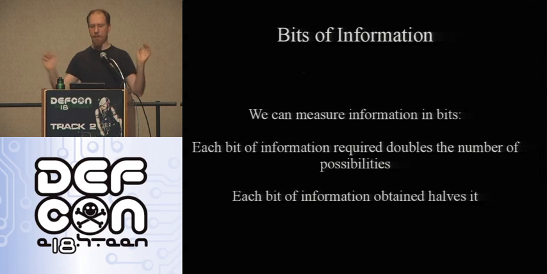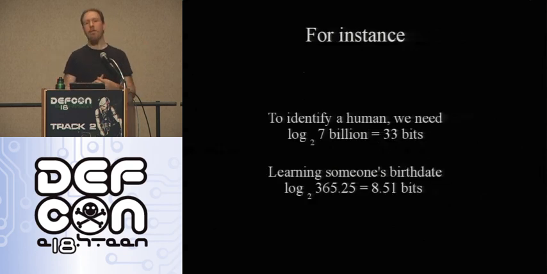So you can think of these as trading off against one another. So for instance, on the face of the planet Earth, with 7 billion of us people, you need about 33 bits to learn the identity of one of us. And if you learn someone's birth date, what day of the year they were born on, you learn about 8.51 bits.